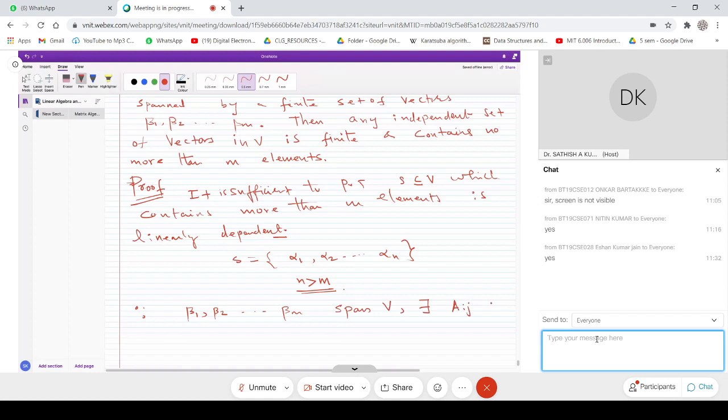Now I have to write a linear combination of the vectors. So there exist aij in F, scalars, such that alpha j can be expressed as summation over i from 1 to m of aij into beta i.